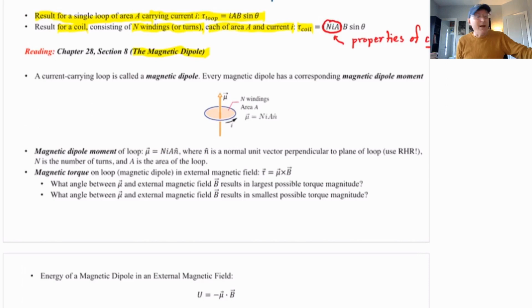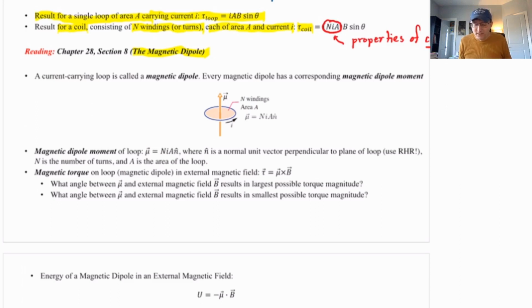So now I'm talking about chapter 28, section 8, where we're going to introduce the concept of a magnetic dipole. Reminder, we talked earlier this semester about an electric dipole, which consisted of two electric poles, a positive charge and a negative charge. And that electric dipole had an electric dipole moment, little p, arrow. Okay? And now we're going to have the magnetic version of that.